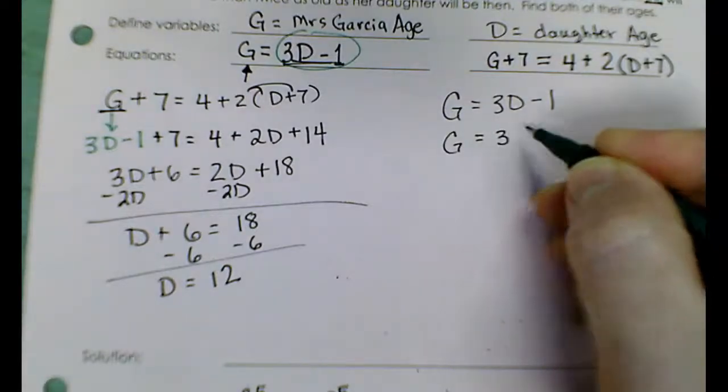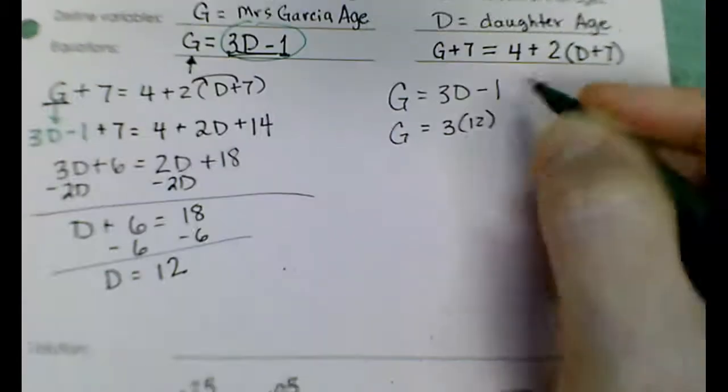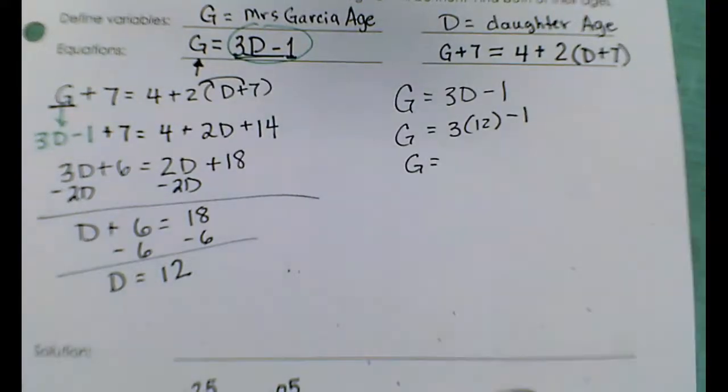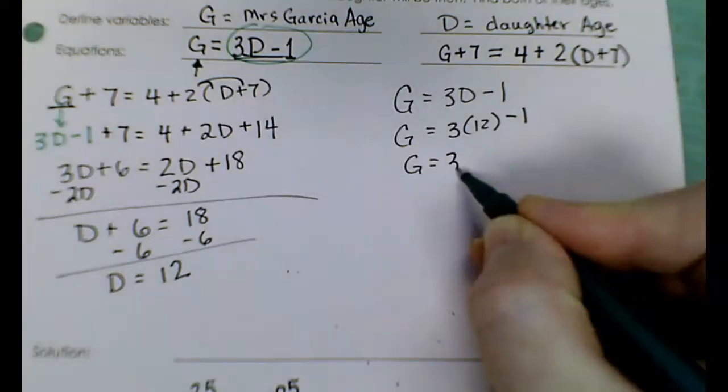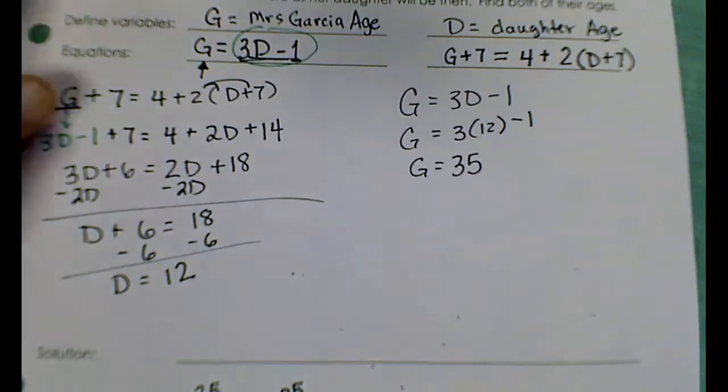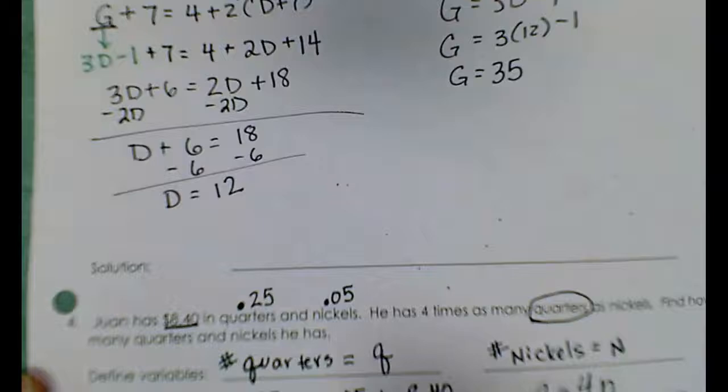So this is 3 times 12 minus 1. 3 times 12 would be 36. 36 minus 1 would be 35. So who's 35? So what would our solution look like?